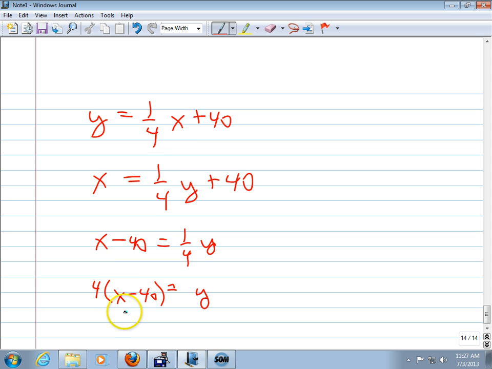This x and this x mean something different. This x was a chirp rate, but here we're inputting the chirp rate, here we're inputting the temperature. Here we're outputting the temperature, here we're outputting the chirp rate. So I think this is confusing. This x and y are not the same meaning as this x and y. So the relationships change.